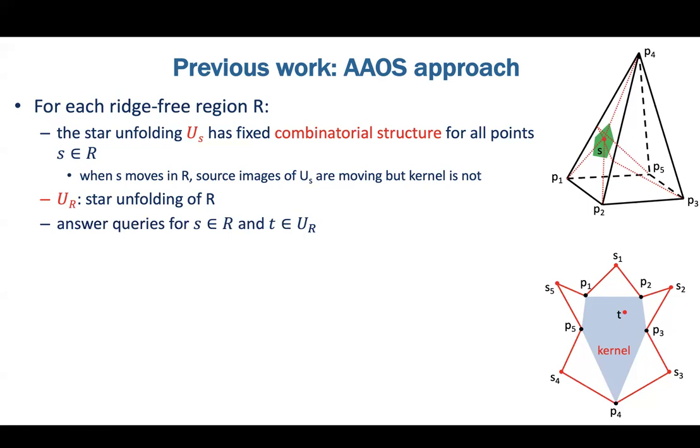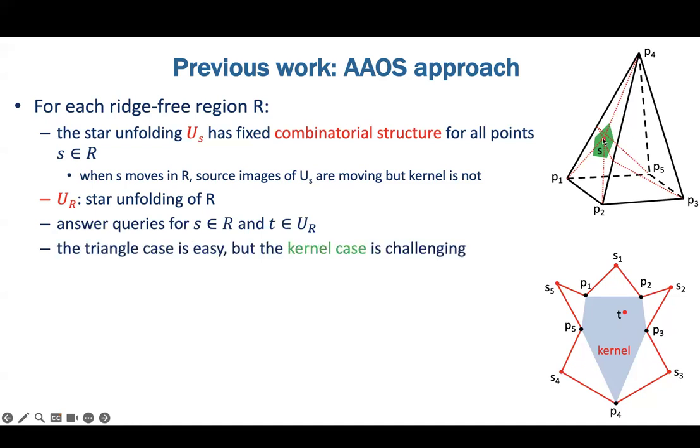Then we can use that U_R to answer queries for S in R and T in U_R. S could be any point in this gray region now, not fixed. The triangle case is still easy, so we focus on the kernel case, because in the triangle case the closest source image is always fixed.